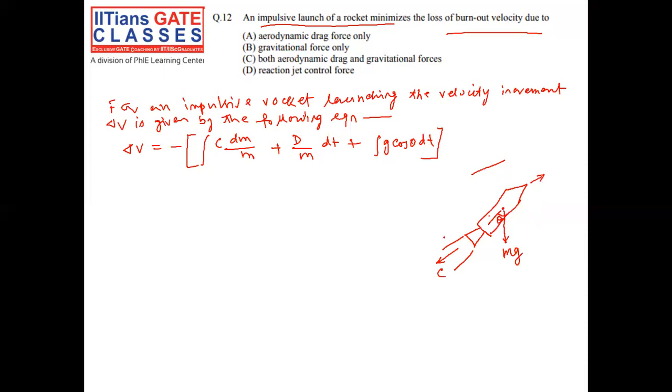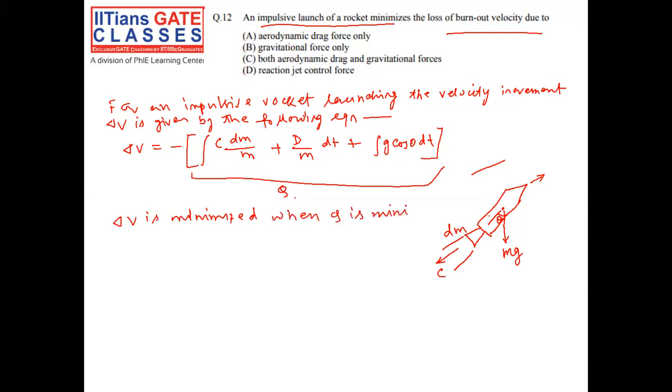And the mass coming out of the exhaust is dm. So for an impulsive rocket launching, the velocity increment is given by the following equation. Now, if we consider the term inside the bracket as Q, in the question it is asked that the impulsive launch of a rocket minimizes the loss of burnout velocity. So the loss of burnout velocity, which is delta V, is minimized when Q is minimum, right?